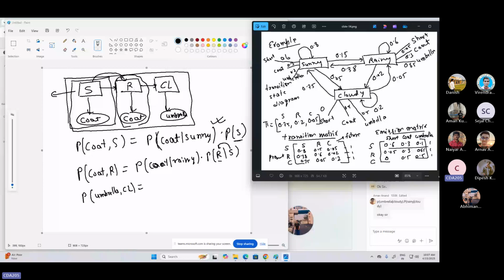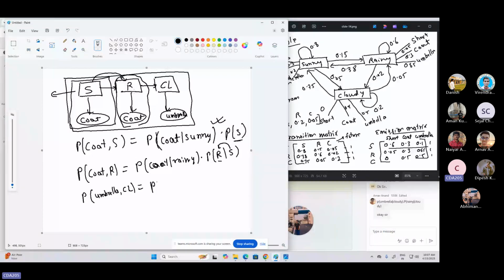So it is probability of umbrella given cloudy into probability of cloudy given rainy. Okay, are you clear with this?